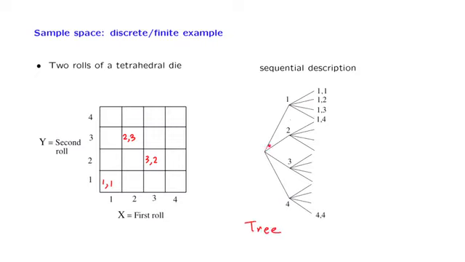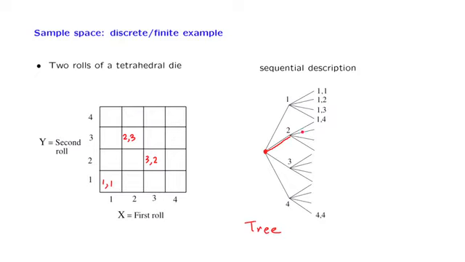You can think of this as the root of the tree from which you start, and the end points of the tree, we usually call them the leaves. So the experiment starts, we carry out the first phase, which in this case is the first roll, and we see what happens. So maybe we get a 2 in the first roll.